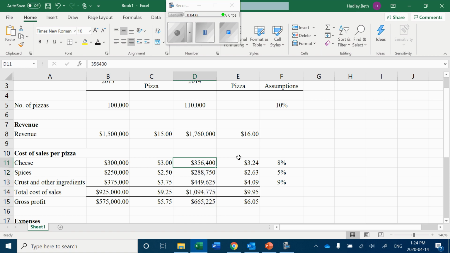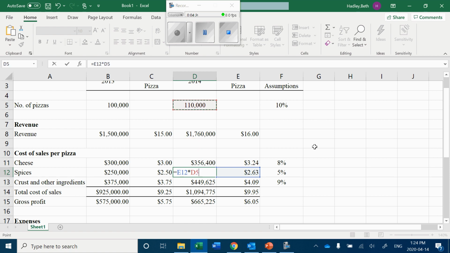So what I've done here is equals to 3.24, multiplied that by the number of pizzas that we're making, and then equals the 263, multiply that by the number of pizzas we're making, and finally this one, multiply by the number of pizzas.